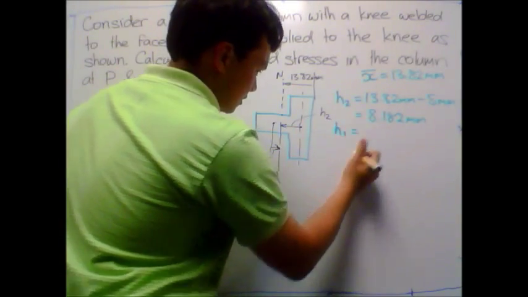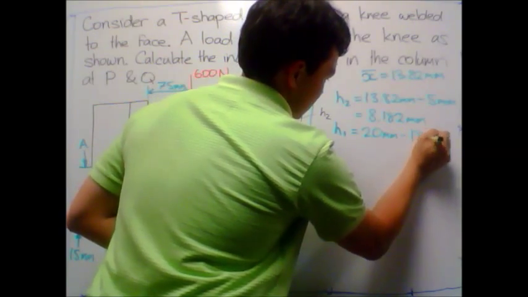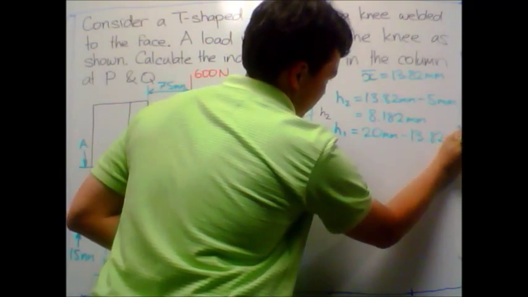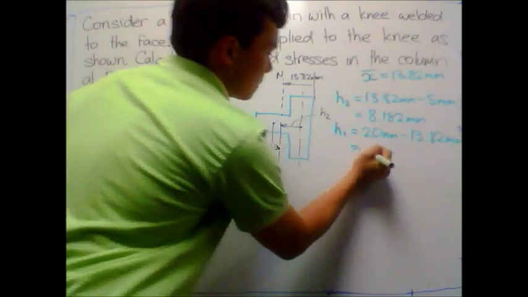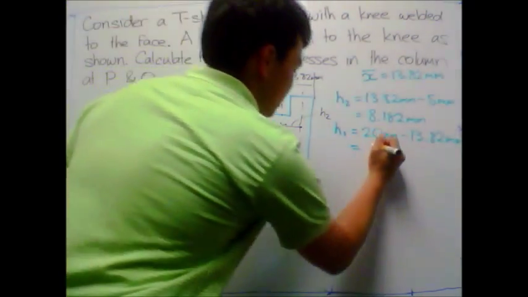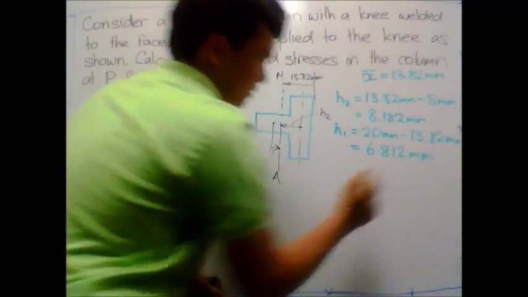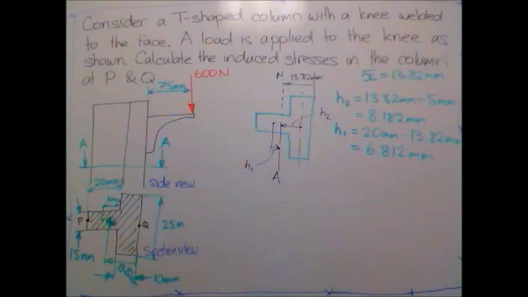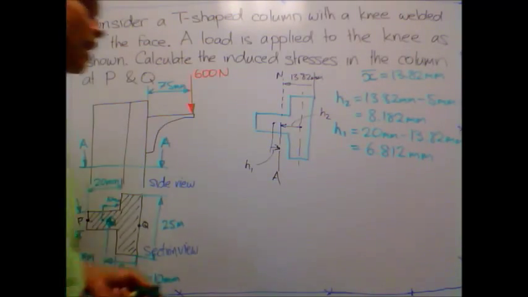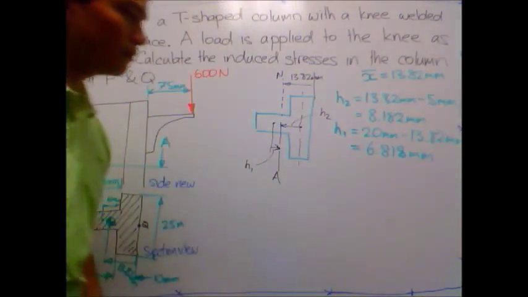So h1 is equal to 20 millimeters minus 13.82, which gives 6.818 millimeters. Brilliant.